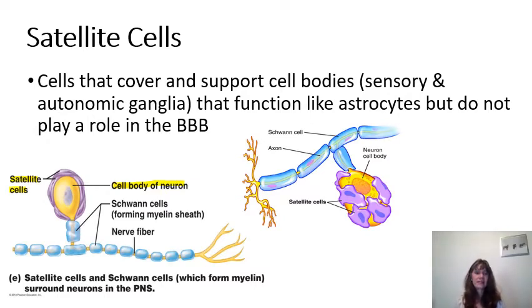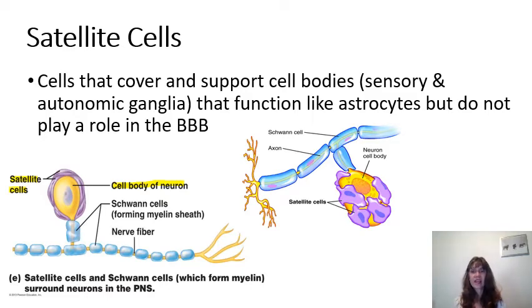The satellite cells cover and support cell bodies not only for sensory neurons, but also for neurons found in the autonomic ganglia, which we'll discuss when we get to the autonomic nervous system.